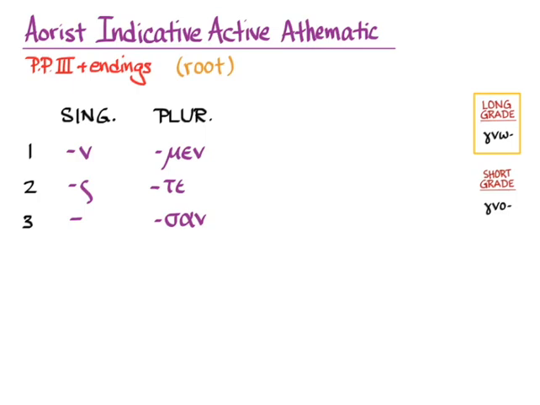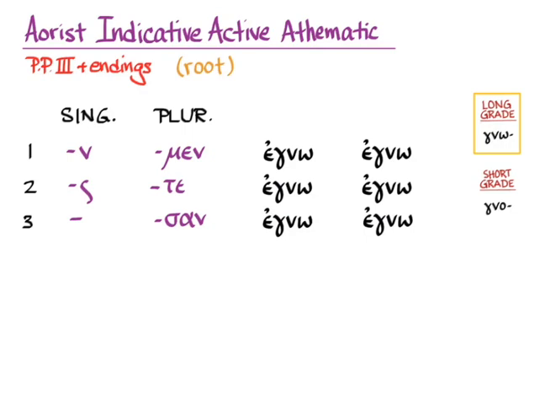And so with that long grade, we're going to put the augmented long grade stem, agno, through here, and then we will put on those endings. And what we'll get once we put on the recessive accent is agnon, agnos, agno, agnomen, agnote, agnosan. So I recognized, you recognized, she recognized, we recognized, y'all recognized, and they recognized.